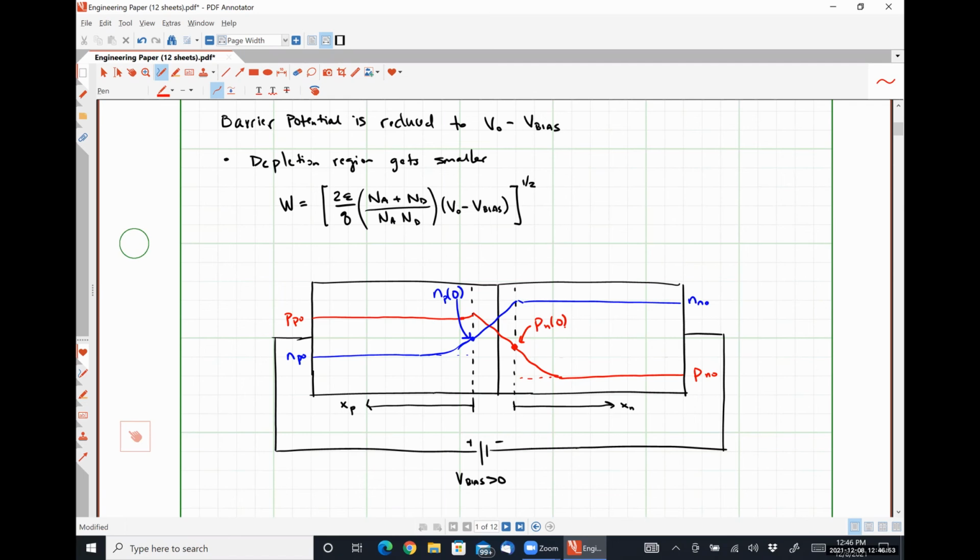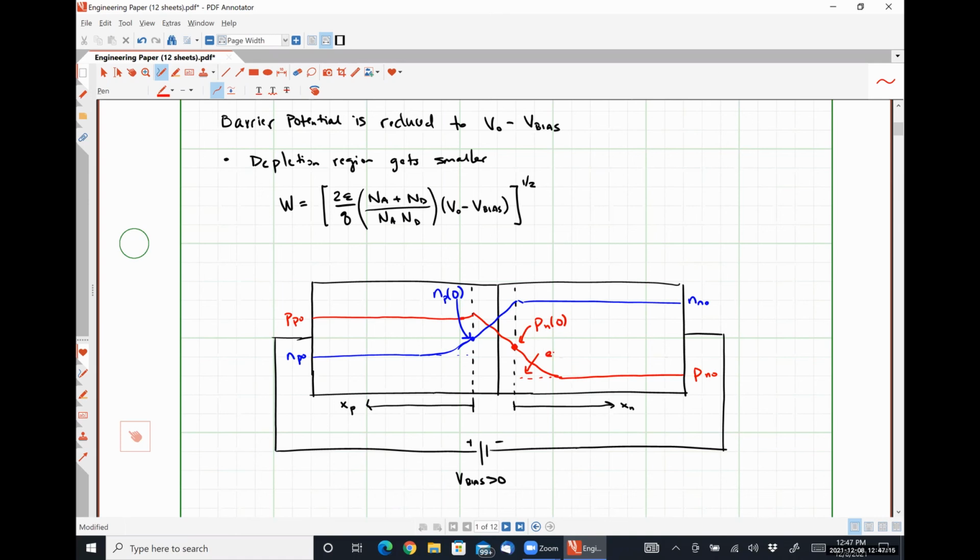So what this region under the curve here, right? This little roughly triangular region right here represents excess minority carriers, right?